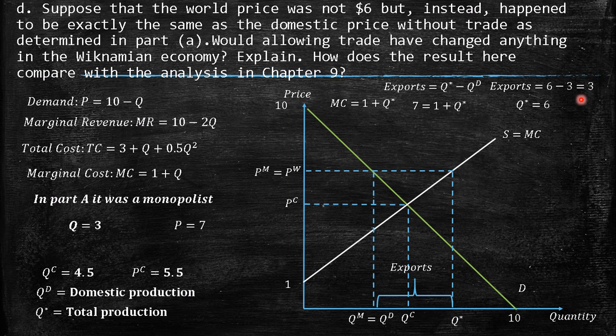So this difference, 6 minus 3, should be the export. So this is the analysis from the previous chapter, where there is a gap between the quantity produced and the quantity consumed. This difference should be exported at this time, where the price is higher than the competitive one.